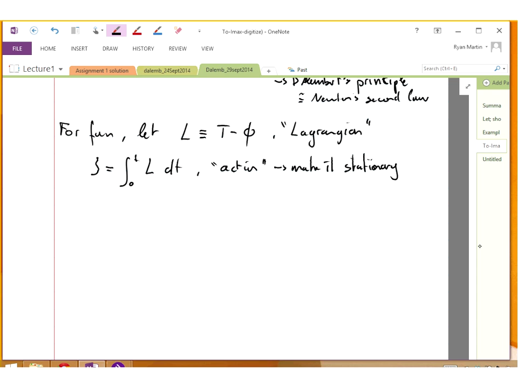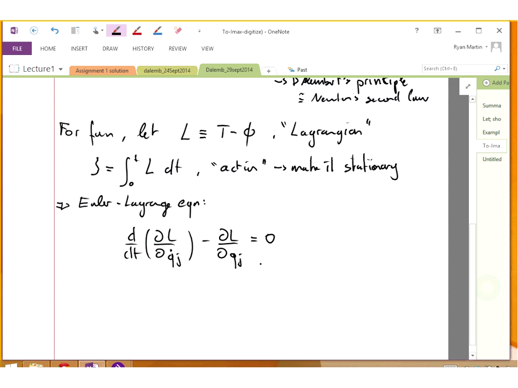So we know from the Euler-Lagrange equation that if the action, so this integral of L, is stationary, then the function L must obey the Euler-Lagrange equation, right? So the Euler-Lagrange equation, if you remember, was that d/dt of ∂L/∂q̇j minus ∂L/∂qj is equal to 0, in the case of no constraints.